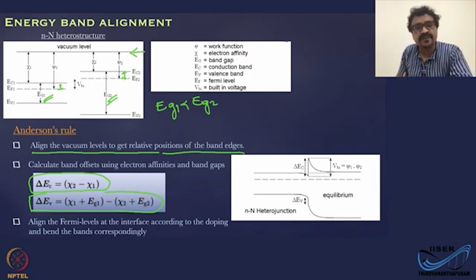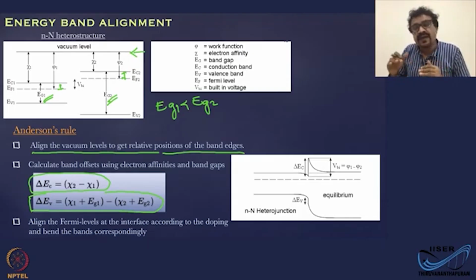Okay, so if you look at this, this is nothing but chi1 minus chi2, then you have Eg1 minus Eg2. That's what this is. You have to consider the difference of the two electron affinities and also the band gaps. Then only you can consider the discontinuity in the valence band. That is how you calculate. That much discontinuity you have to keep at the interface.